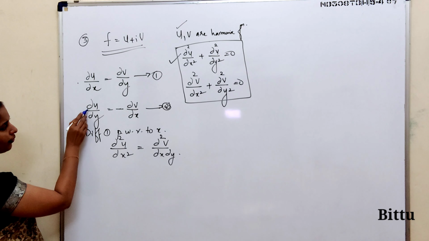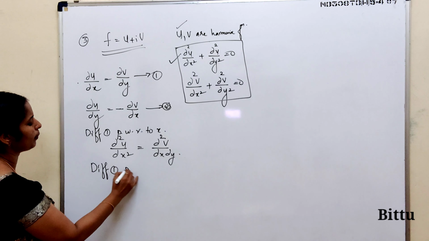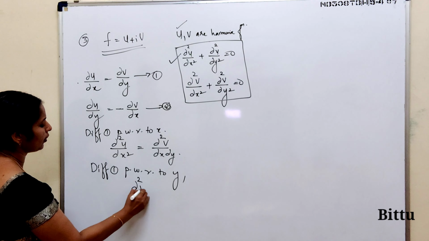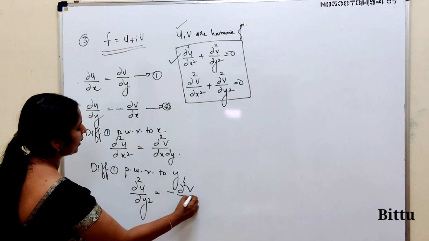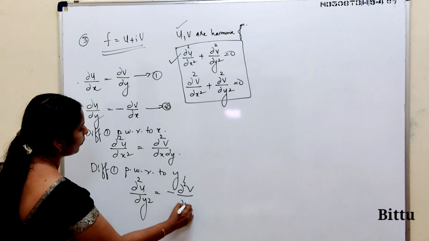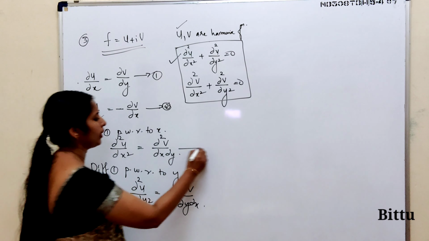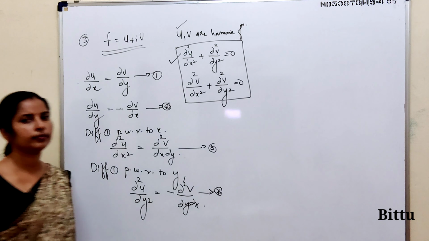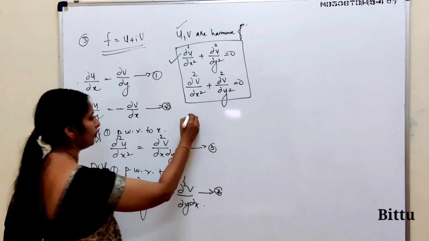Next, we have to find ∂²u/∂y². For that, you differentiate equation number 1 partially with respect to y. So ∂²u/∂y² is minus ∂²v/∂y∂x. Now we have equations 3 and 4. You consider equation 3 plus 4.